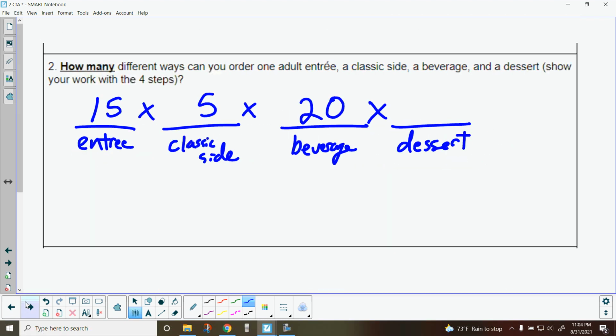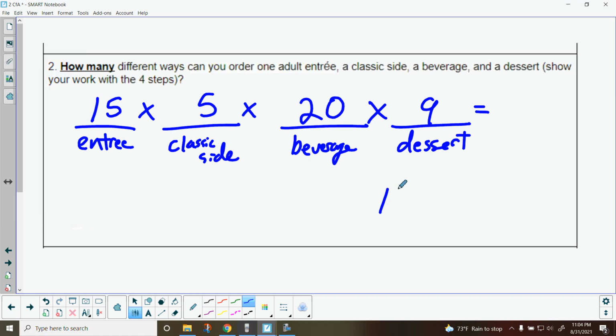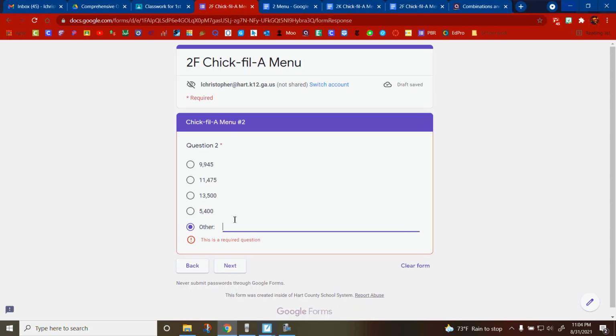Get your handy dandy calculator. 15 times 5 times 20 times 9 equals 13,500. And then go back to your Google Forms. Here it is. See if we get it right. And we did.